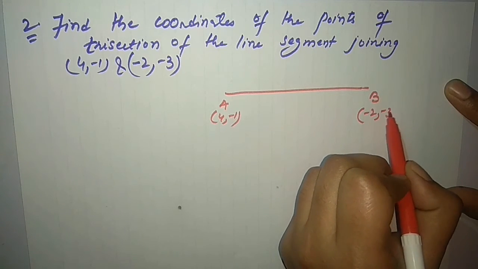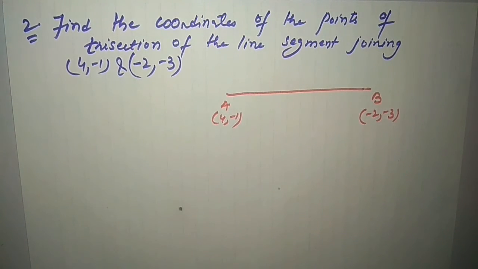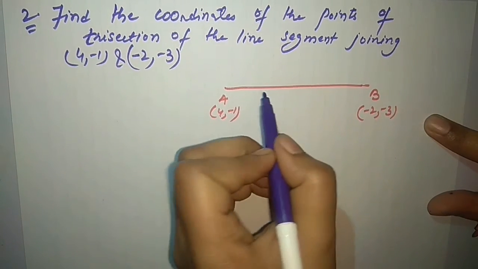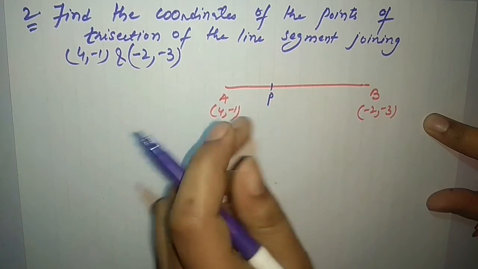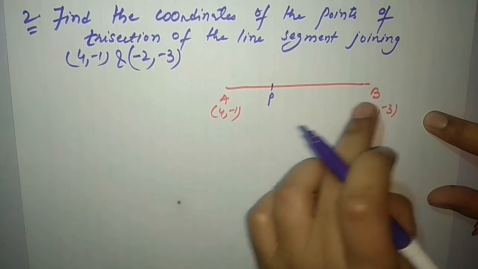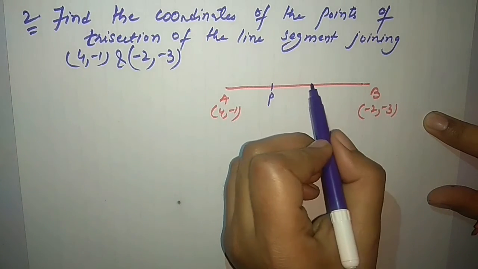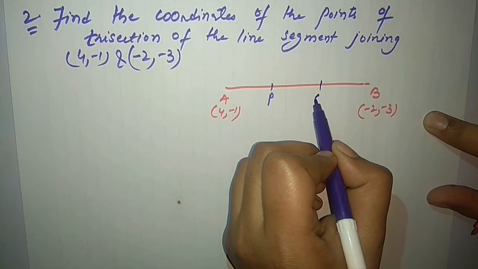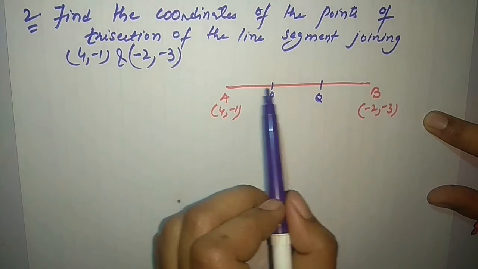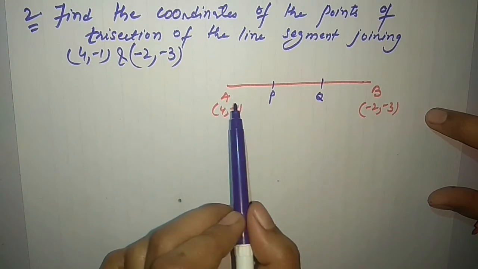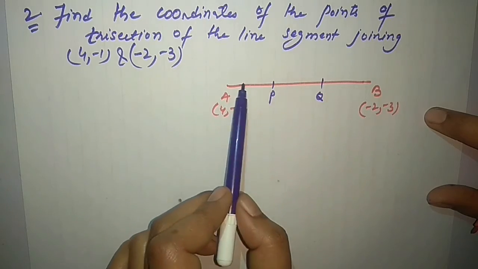Now we have to divide this line into 3 parts. That is trisection. Tri means 3. So we let this point be P. By this point we have divided the line into 2 parts. Now if we take another point Q, then the line AB is divided into 3 parts: 1, 2 and 3.